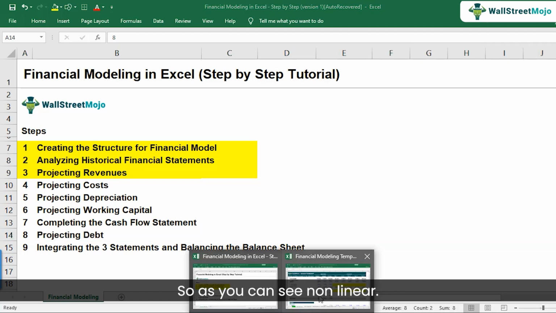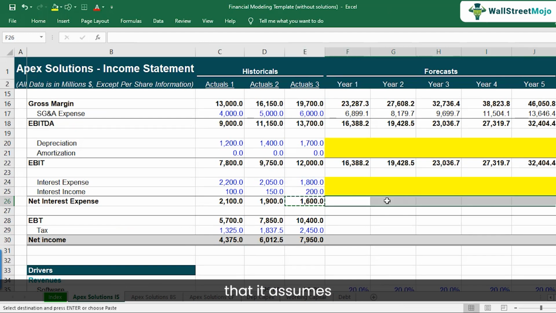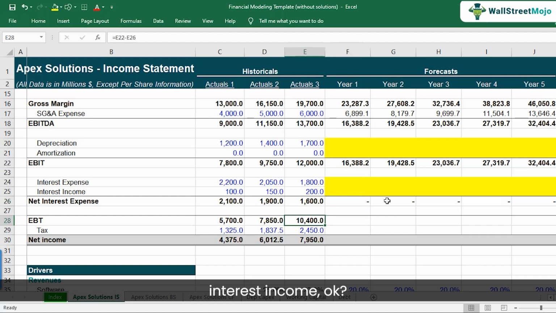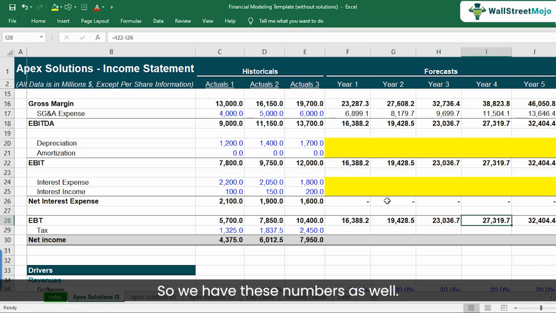So as you can see, it is non-linear. All of this will come and get integrated later. But for now, we will adjust the formulas in a way that assumes these numbers are going to come. So net interest expense will be interest expense minus interest income. Okay, so we can calculate the EBT, that is earnings before taxes, accordingly, right? So we have these numbers as well.